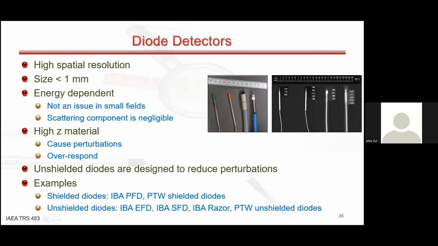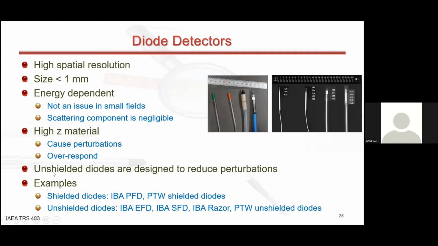Energy dependence is not an issue in small fields, because in small fields there is not much energy difference along the depth of the phantom, and the scattering component is negligible. These diode detectors have high Z material, that is why they cause perturbations and they over respond. That is why their error is always in the positive direction.